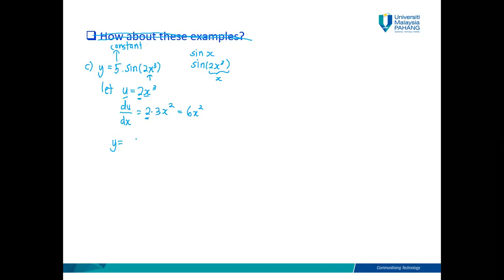Kita update y is equal to 5 sin u. Okay, u adalah 2x cube. So dy over du sama dengan differentiate. 5 ni adalah constant lah sebab dia darab. Differentiate sin dapat apa? Cos u. Okay, so kita nak cari dy over dx.